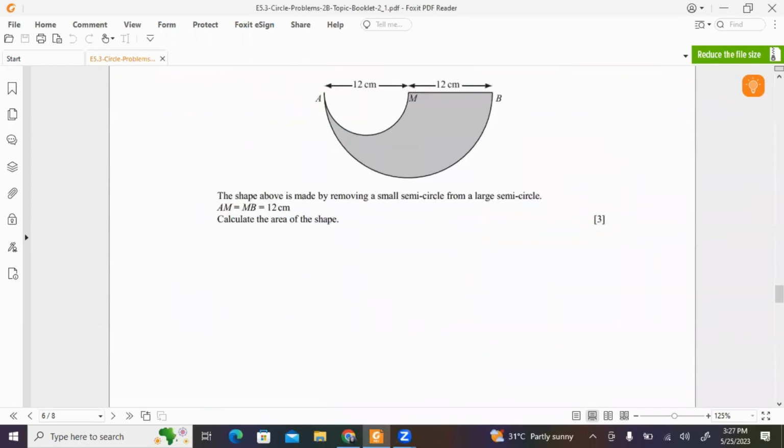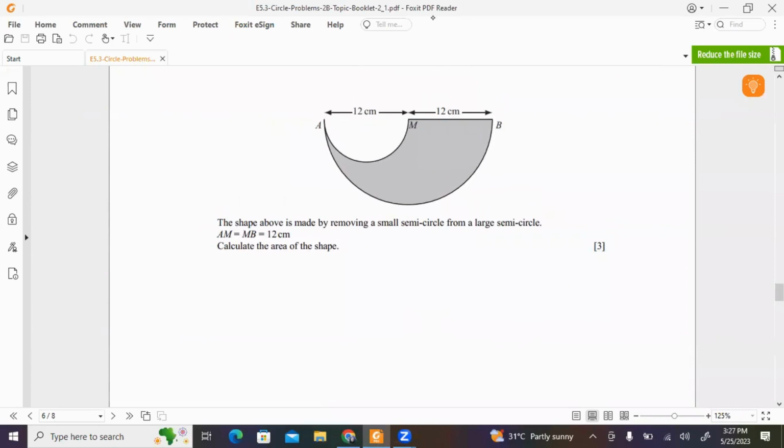Look at question 5. In question 5, we have a semicircle with another semicircle cut out of it. And it says AM equals MB, which is given as 12 centimeters. So that means this half would be 6. So obviously 12 is the diameter of the smaller semicircle. So the radius for the smaller semicircle would be 6.